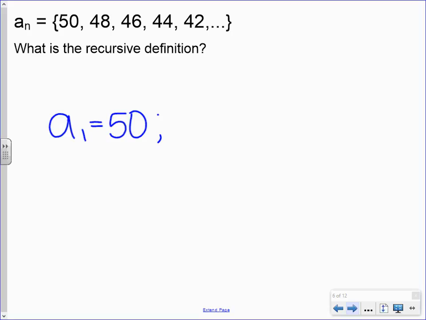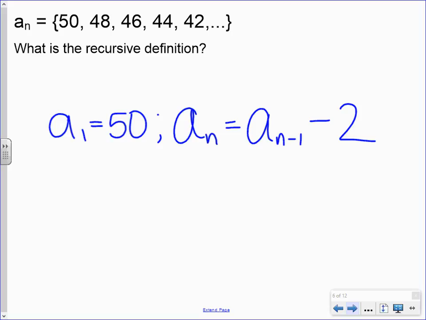We're decreasing by 2. So as long as we have one term, to get to the next term, we subtract 2. To get to the next term, we subtract 2. Do you agree? Okay. So to get a term, we need to take the term previous and subtract 2.